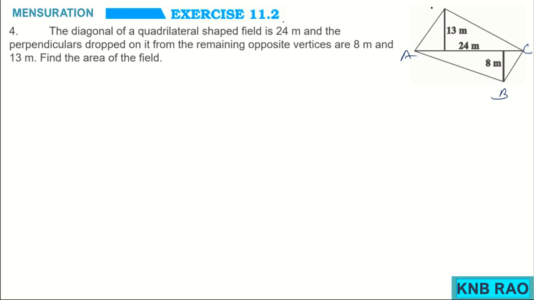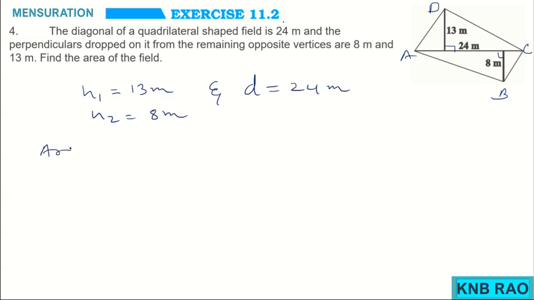In this quadrilateral ABCD, diagonal AC is 24 meter and from the opposite vertices B and D, perpendiculars dropped are given as 13 meter and 8 meter. In this question we call them height H1 13 meter, height H2 8 meter and diagonal D is 24 meter.